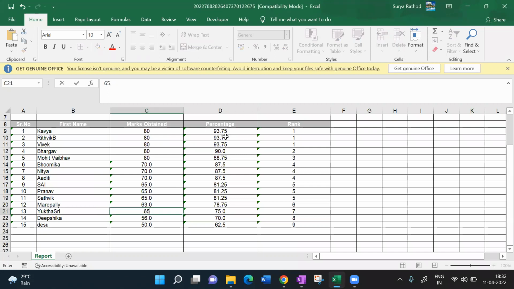Okay. So tell me the percentage one by one. So 100. Sir, mine is 100. Ritvik's and Vivek's, so 70. 87.5 is correct. Everyone is correct here. Yuktasri and Harini.